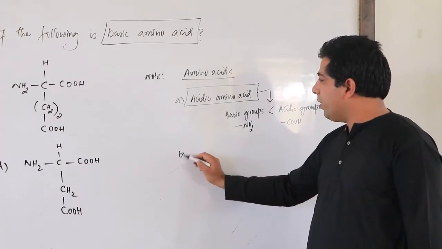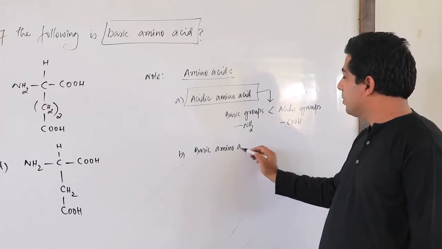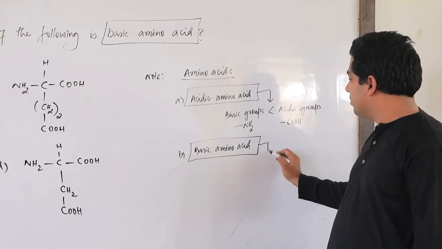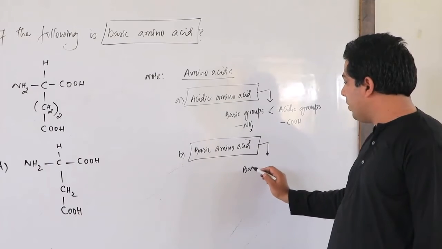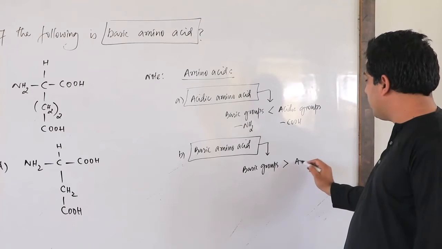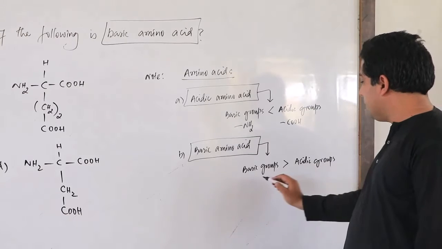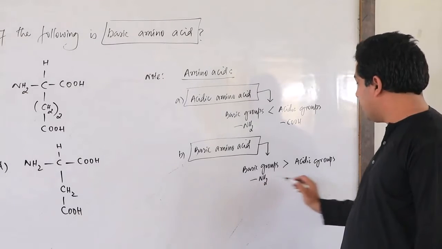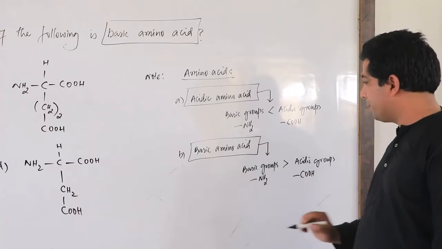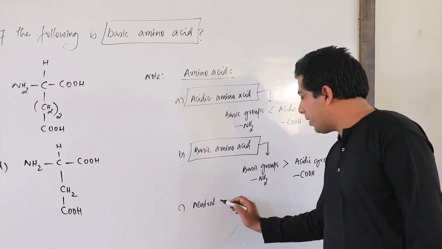Now if you have basic amino acids, in a basic amino acid, obviously basic groups will be greater than acidic groups. The basic group is your NH2 and the acidic group is COOH. Now you can have a neutral amino acid as well, or amphoteric amino acid, as we call it.